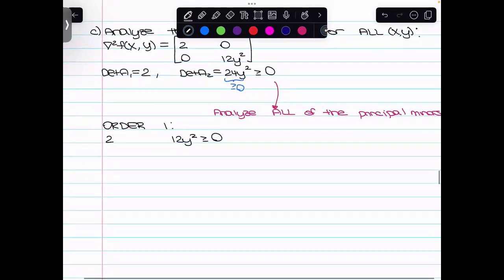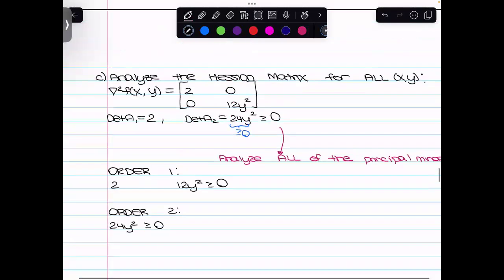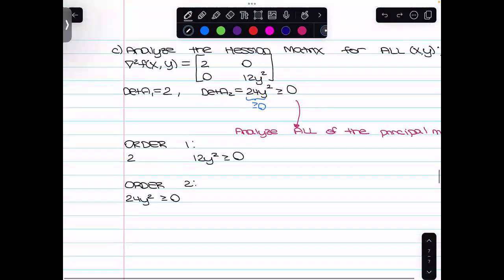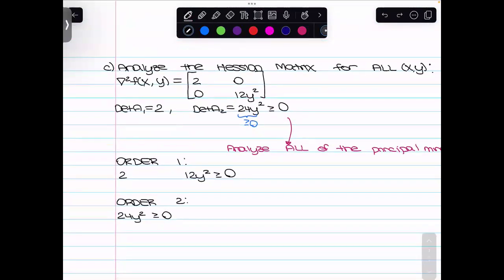So far, all of the principal minors are greater or equal to 0. And then for order 2, the only one you have is the one we've already looked at, which we already said was 24y squared. So for order 1, it's just the numbers in the main diagonal in the end, because it's what you get when you cross out the same row and column, or sometimes in other cases, same rows and columns, plural.